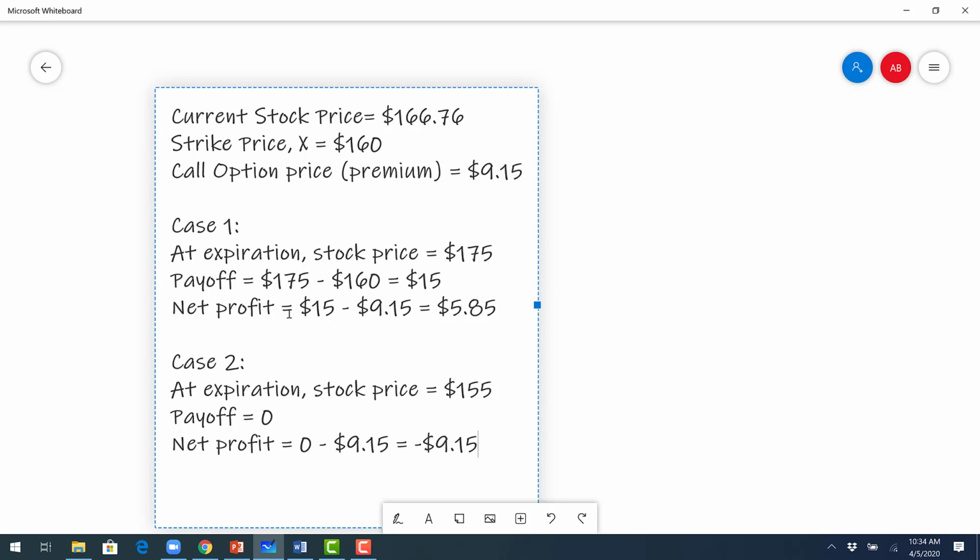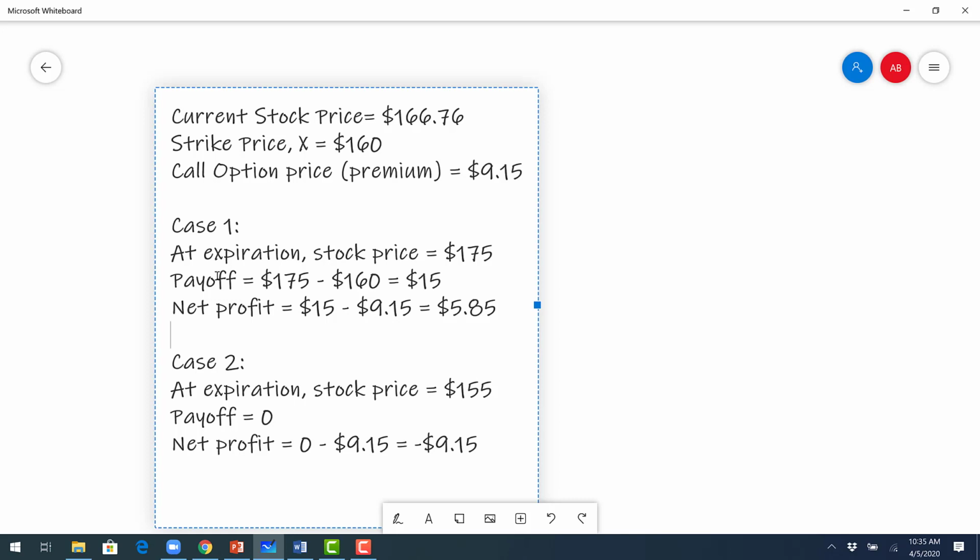So anytime the stock price is 160 or lower at expiration, you would not exercise the option and you will have a 100% loss. You would lose the entire premium. Now comparing these two situations, you can see that options actually can be quite risky, right?